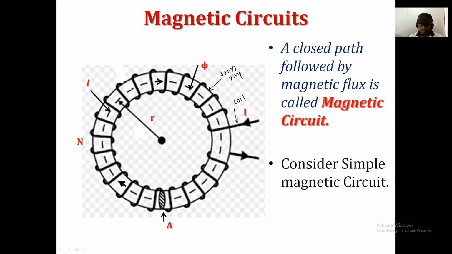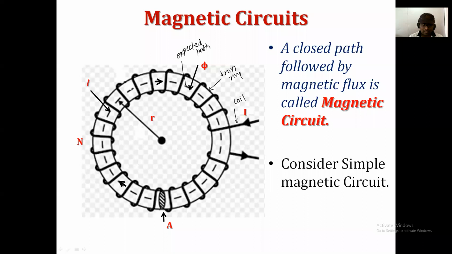Now when the current is flowing through the coil, definitely a magnetic field is set up, and we know the expected path. So this is nothing but what? This is the expected path of the magnetic flux, because we know that the magnetic field inside the solenoid coil is strong and uniform, and outside we consider it zero.